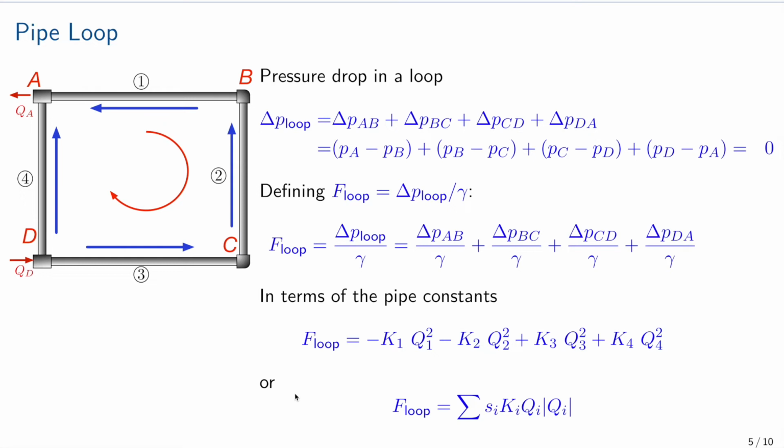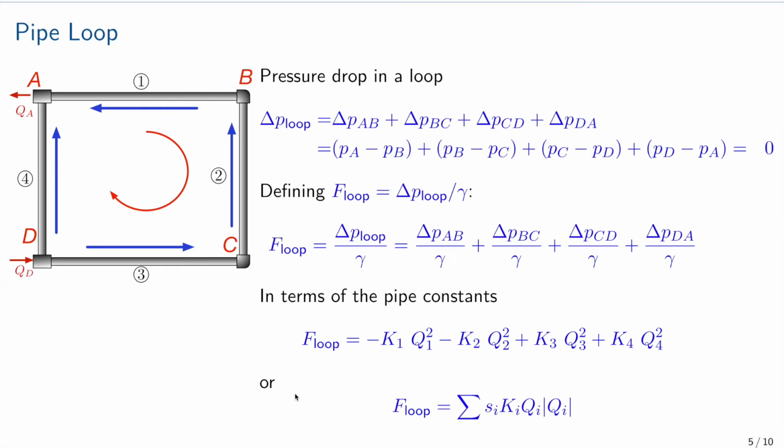Delta P from A to B is PA minus PB, delta PBC is PB minus PC, delta PCD is PC minus PD, and delta PDA is PD minus PA.